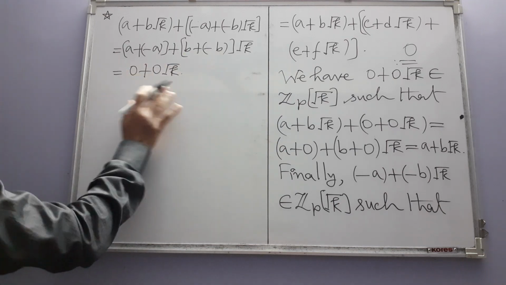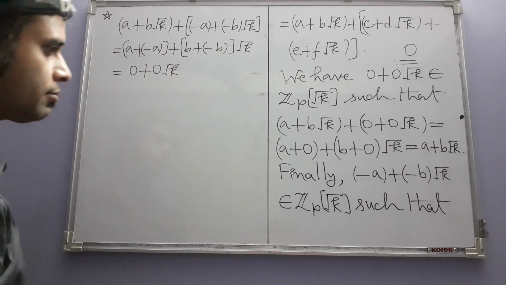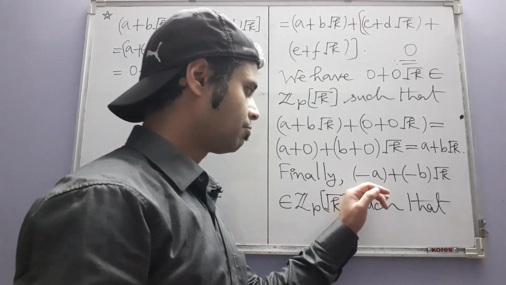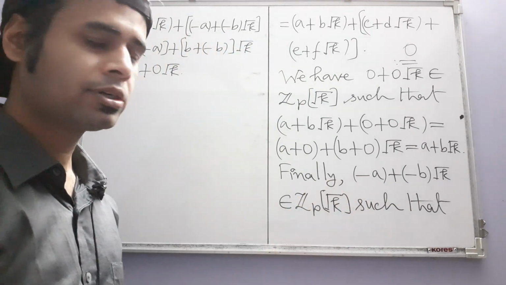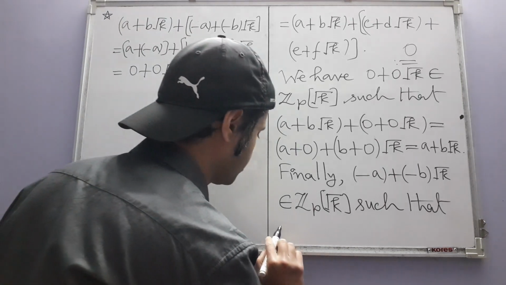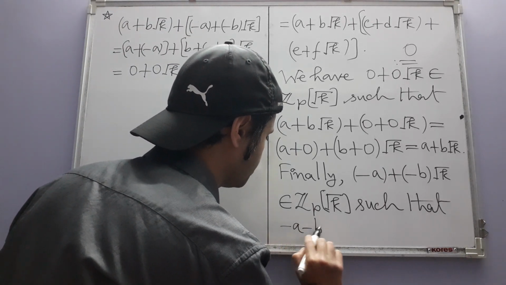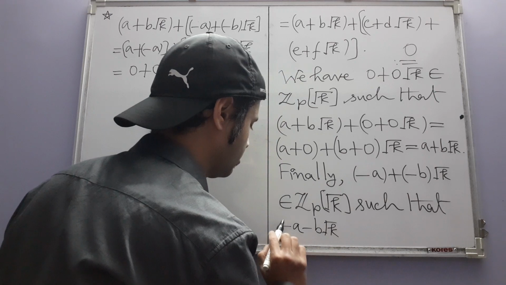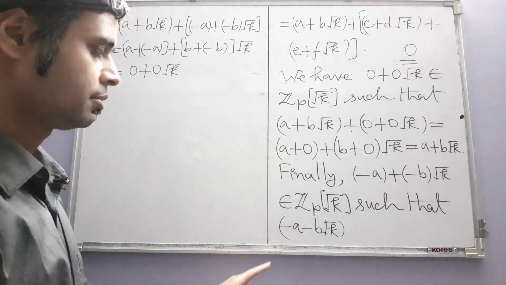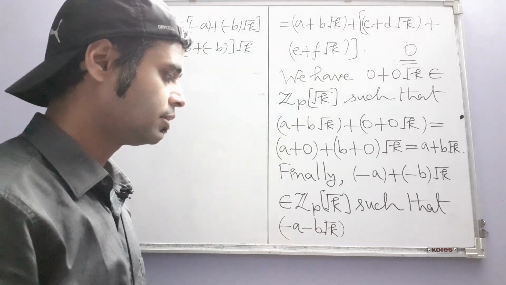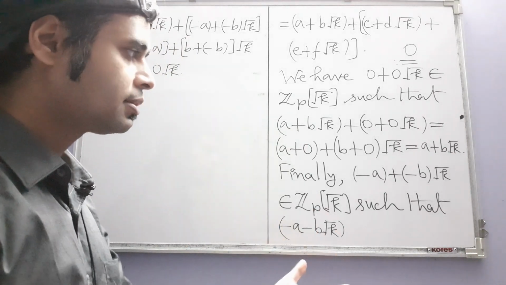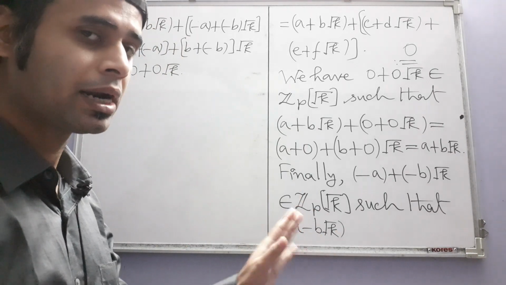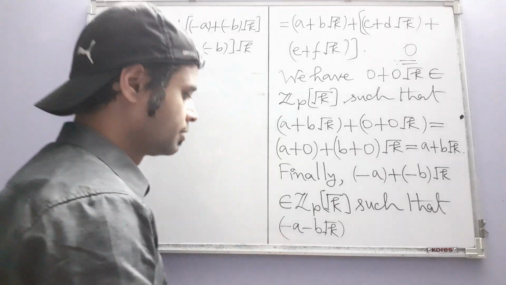Again, we are not writing 0 here simply. So what I wanted to say here is that, do you see that I have not just simply written minus a minus b root k? Why? What goes wrong if we write like this? Actually nothing goes wrong, but still paradoxically something goes wrong.